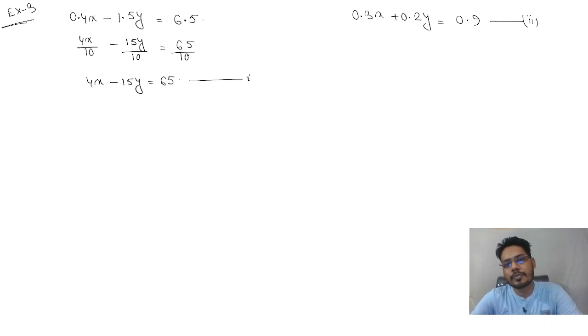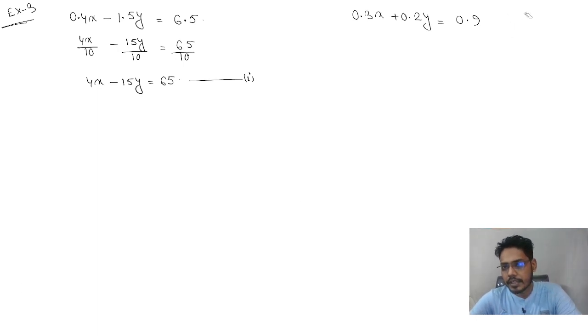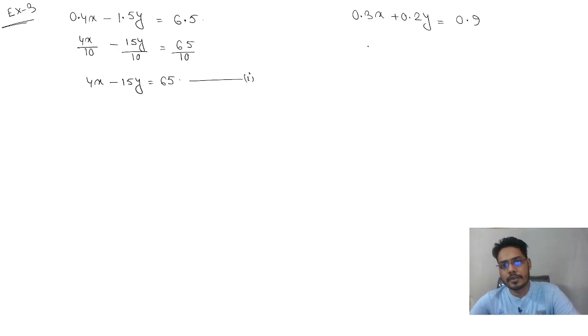And instead of this we can make it into the proper form. So that will be 3x by 10 plus 2y by 10 is equal to 9 by 10. So from here we can say 3x plus 2y will be equal to 9.